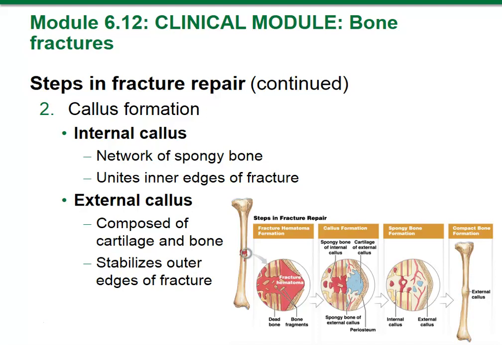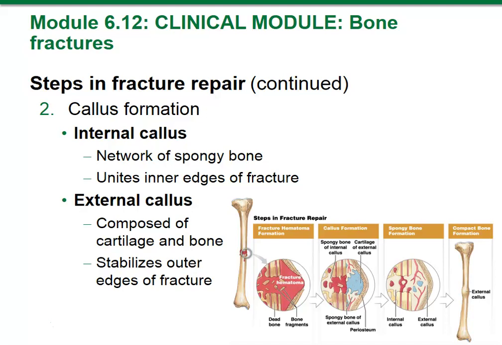You have a network of spongy bone where the inner edges of the fracture are uniting. And remember, when you look in that medullary cavity, that inner surface is spongy bone.